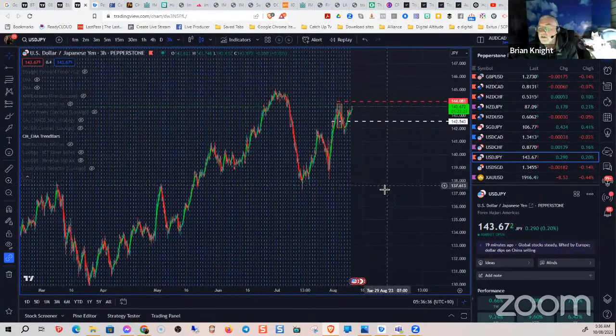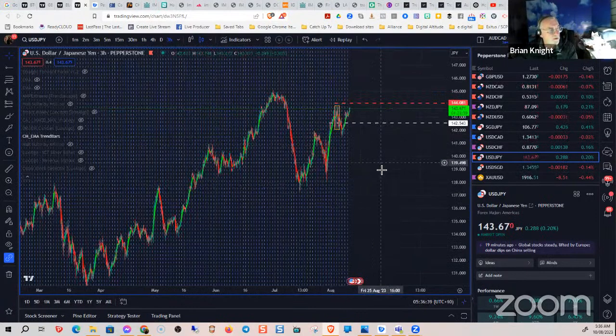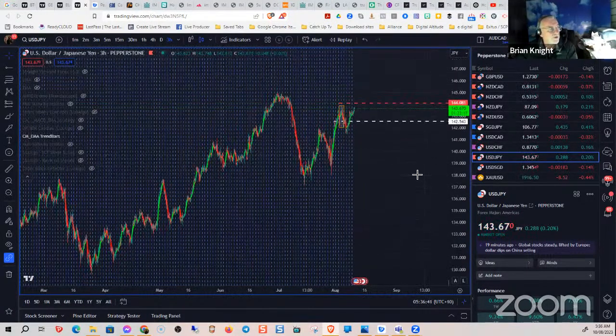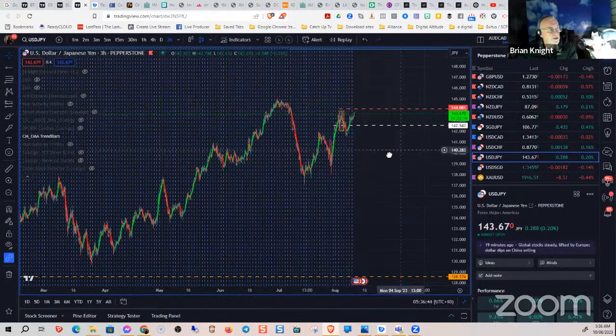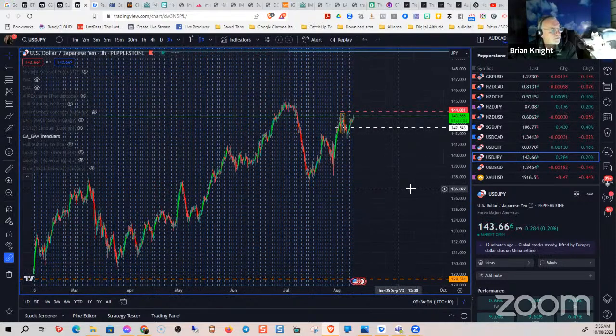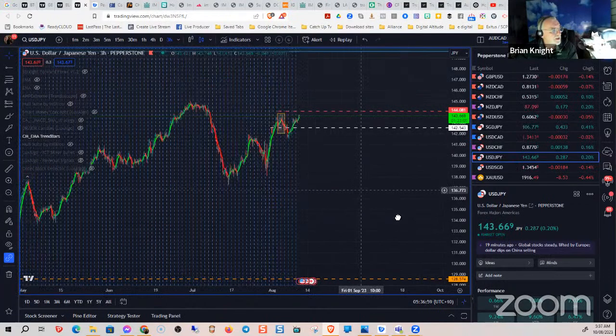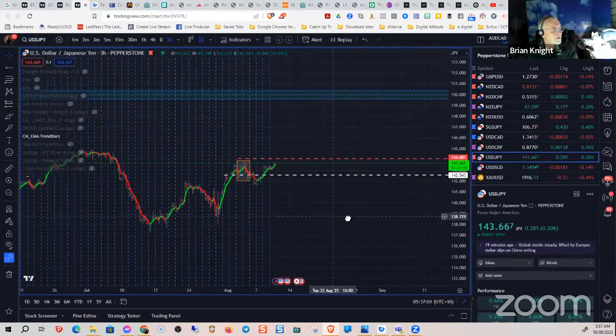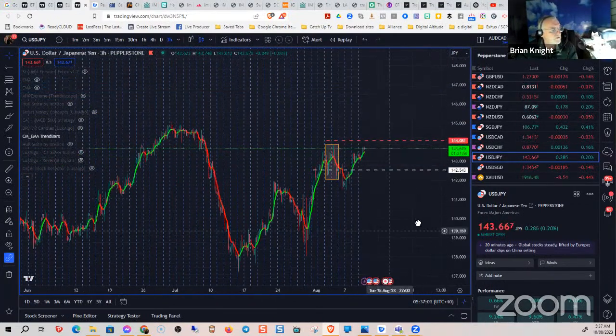I'm not too concerned about it. I just want to see whether it will continue, whether it'll pull back down or not. It may not. It may break that, and then it means it will most likely break this high over here. Anyway, that's just an example for you to have a look at.